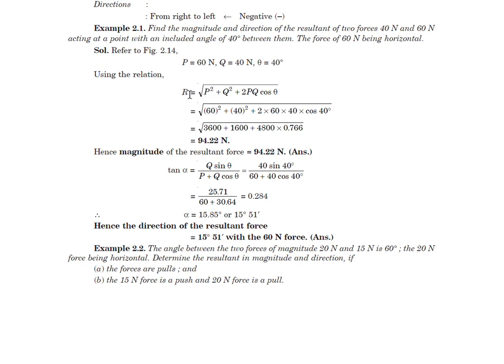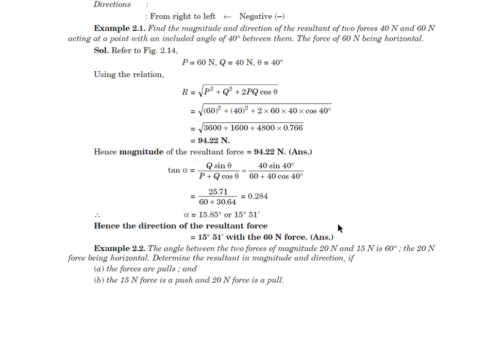That is R equal to the square root of P square plus Q square plus 2PQ cos theta, and the answer is 94.22 in this case after solving. And the tangent of the angle of the resultant force with the horizontal is tan alpha equal to Q sin theta divided by P plus Q cos theta, where Q is 40 and P is 60, so you get 15.85 degrees in this case, as the direction of the resultant force, so both magnitude and direction are found.